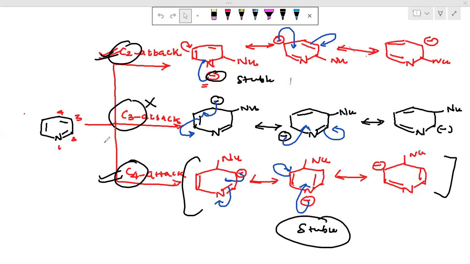Okay, so next we move on to nucleophilic substitution. Finally, what we conclude is an important note.